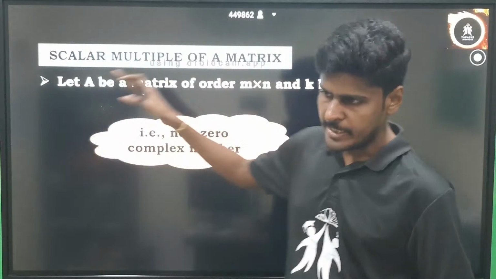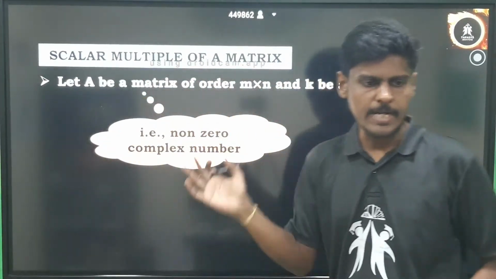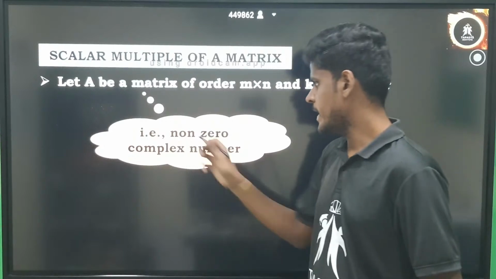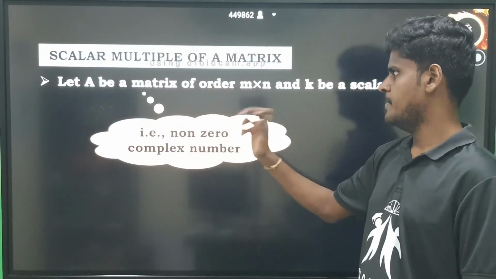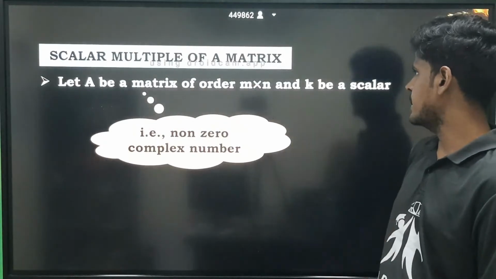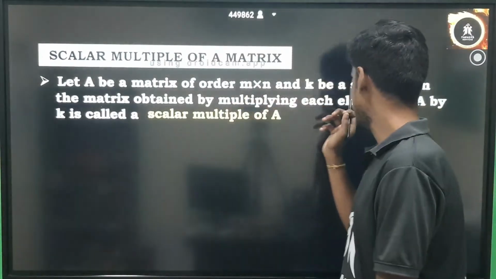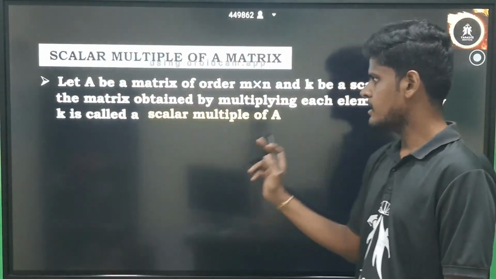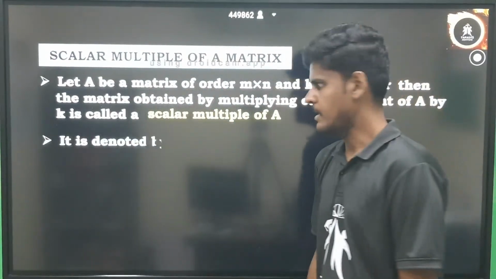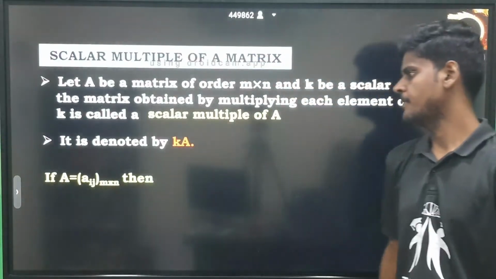Then if you multiply that number to a matrix, all the elements in that matrix will be multiplied by that number. Any non-zero complex number. Let A be a matrix of order m by n, and k be a scalar. Then the matrix obtained by multiplying each element of A by k is the scalar multiple of A. It is denoted by k into A.